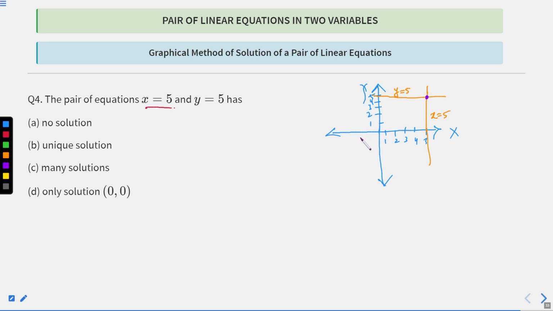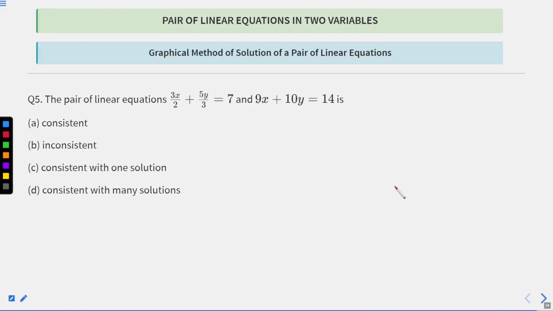The coordinates of the intersecting point are (5, 5). So the pair of equations x = 5 and y = 5 has a unique solution, since they intersect at exactly one point, and the coordinates of that point are (5, 5). So here option B is the correct answer.